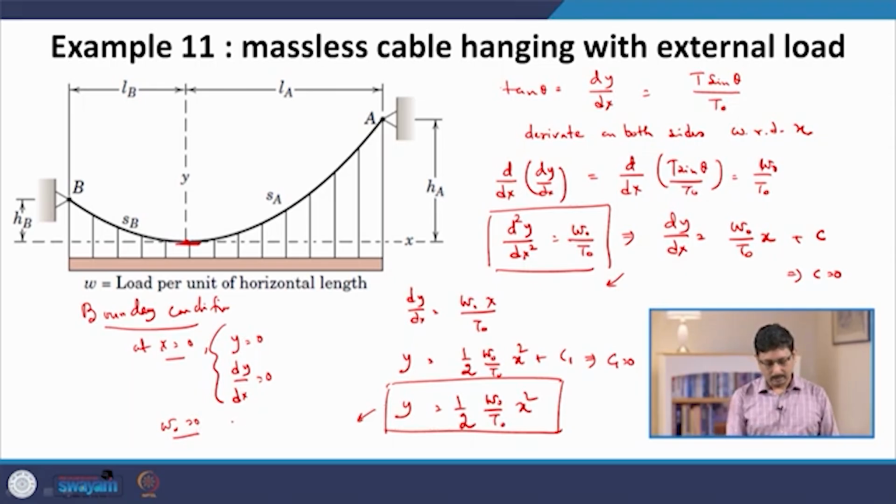In that case your equation is just y equal to 0. We expect that if there is absolutely no load, the rope should be perfectly horizontal, and we indeed get the solution y equal to 0, which represents the x axis. So, our solution matches our expectation. This solution, which is a parabola, makes sense.